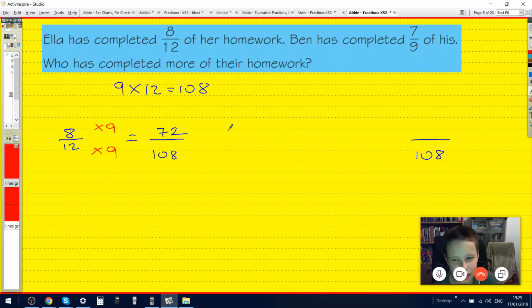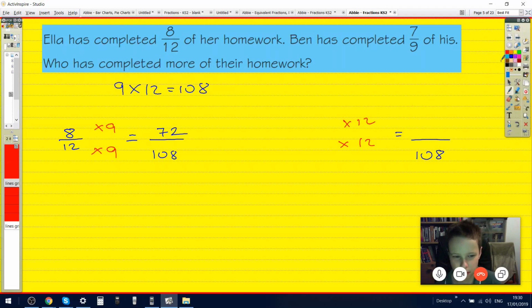And the other one? So you times 9, 12 times 9 to get to 108, and then you would times 7 by 9, which is 63. Okay. And so, who did more homework?